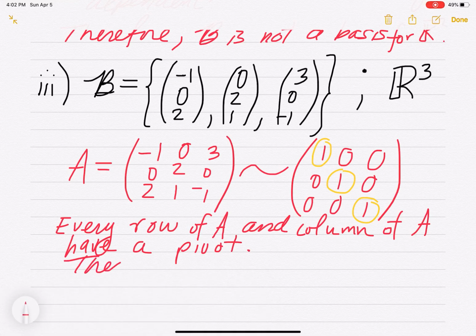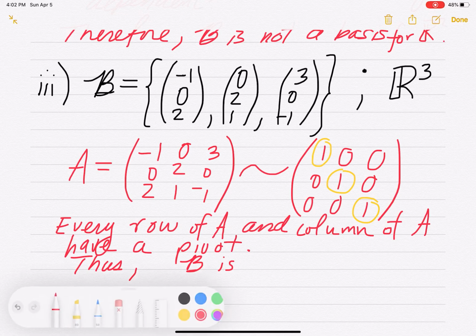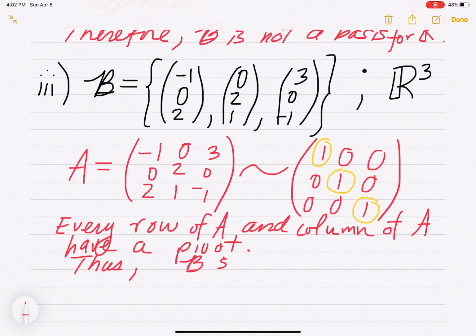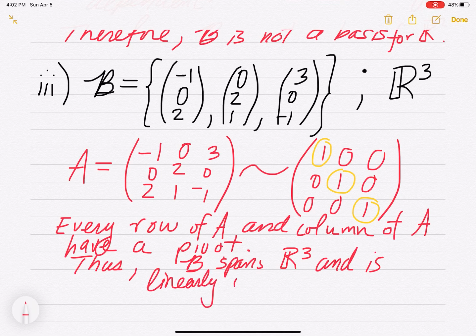Therefore, let me erase this. Let me say thus the set B spans R3, and is linearly independent.